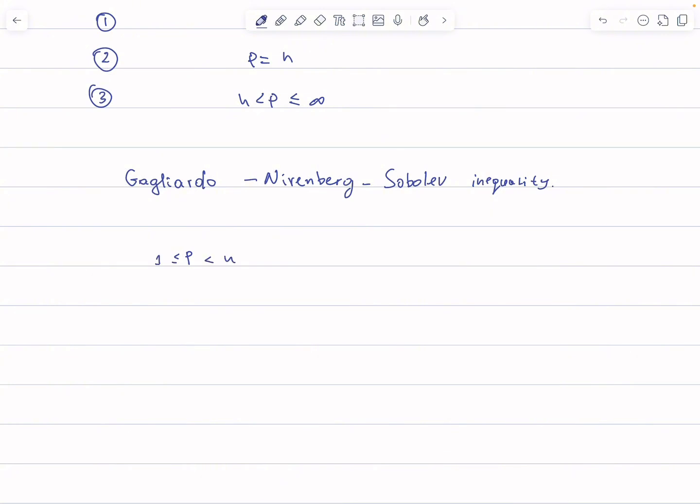We ask whether we can establish an estimate for the norm of u in L^q(R^n) less or equal to C times the norm of Du in L^p(R^n), for a certain C which depends only on p and n. C doesn't depend on u. Here q should be greater or equal to 1 and less than infinity, and this is for all u which is compactly supported and smooth in R^n.